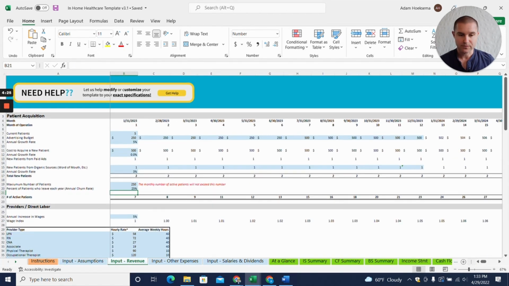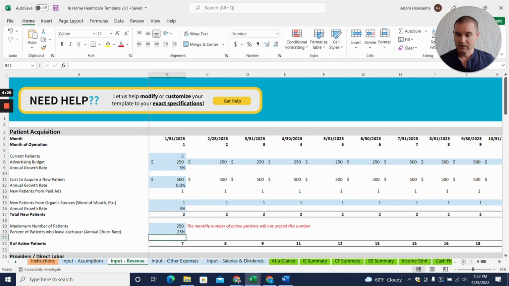So now as we jump over to our input revenue tab, we're going to assume that you've done some legwork, and when you open day one, you're going to have 5 patients to provide services to. And you're also going to have an advertising budget and then a cost to acquire new patients.